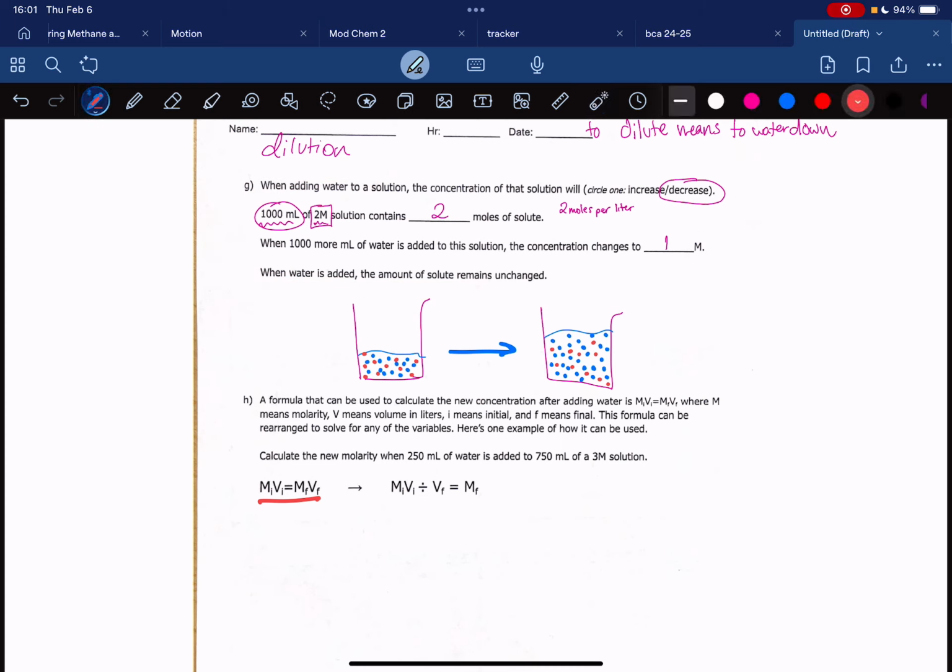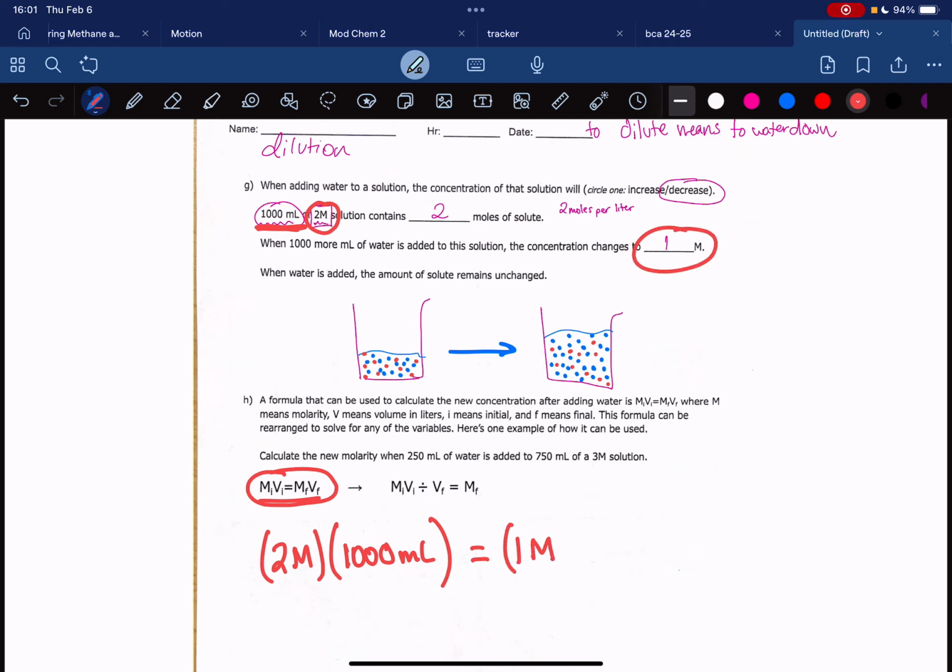What is our initial molarity before we add any water? It's 2 molar, right? 2 molar. What is our initial volume? We can see it's 1,000 milliliters, so 1,000 milliliters. And that is equal to, according to this formula, our final molarity, in this case 1, multiplied by our final volume.